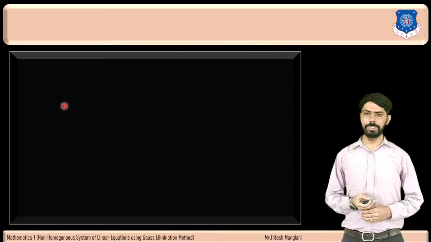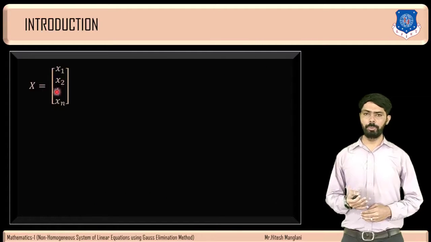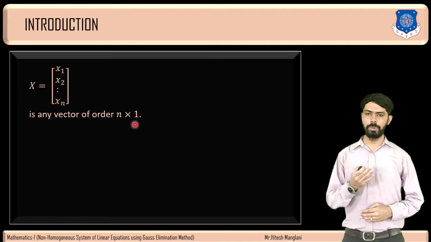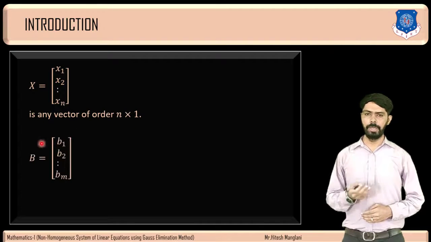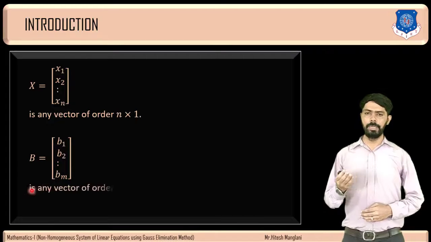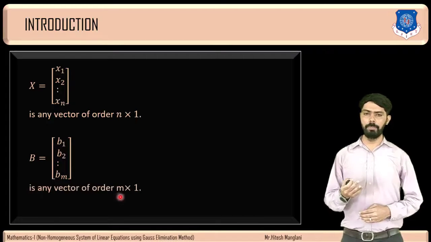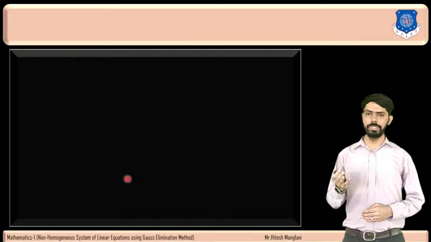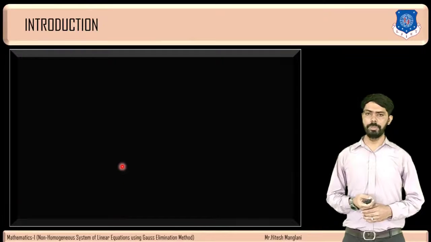And where capital X is equal to x1, x2 up to xn, and this is a vector of order n cross 1. And where B is equal to b1, b2 up to bm, and B is a vector of order n cross 1. So this is a non-homogeneous system.